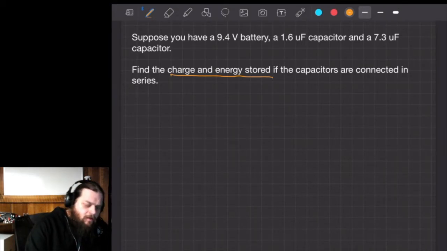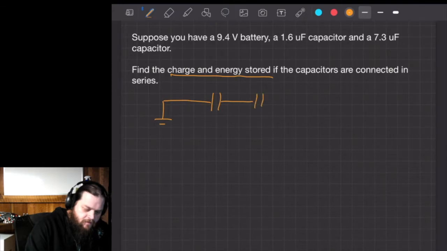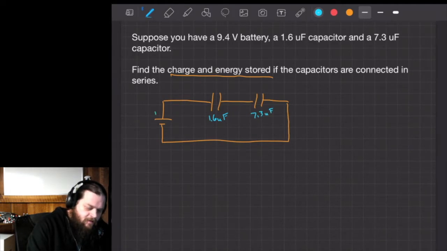So drawing my diagram out, drawing my circuit, I have a series circuit. And we're going to have 1.6 uF, 7.3 uF, and this is going to be my positive, my negative, and this is a 9.4 volt battery supply.